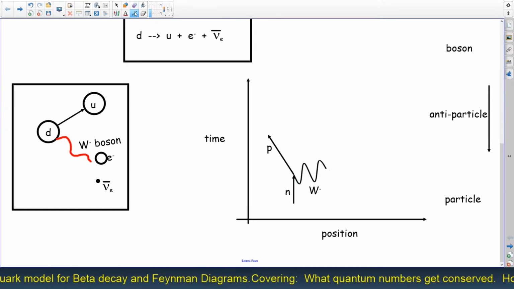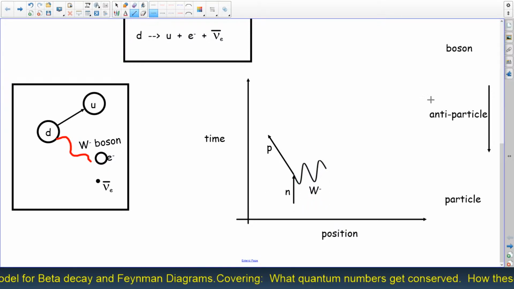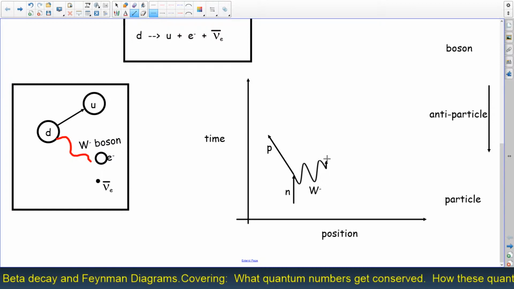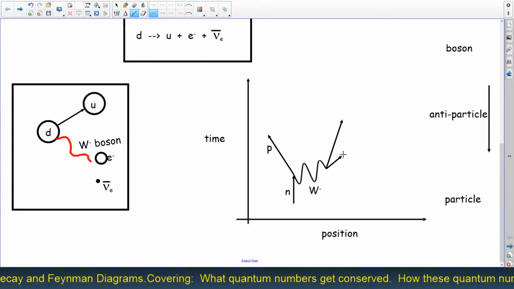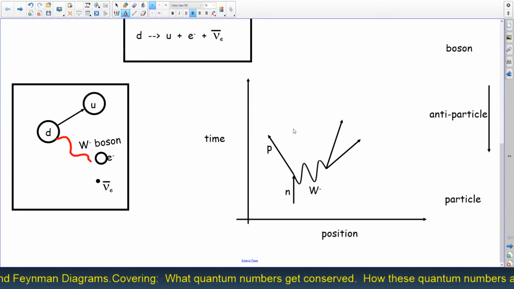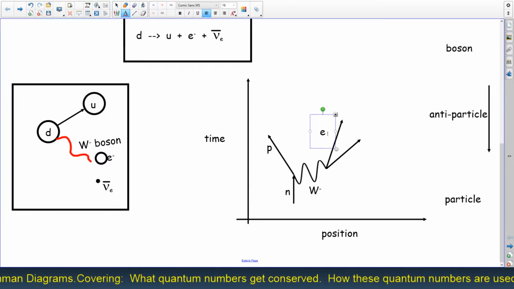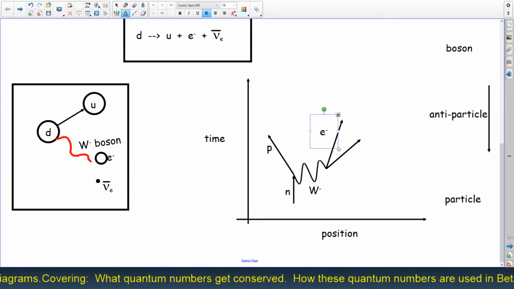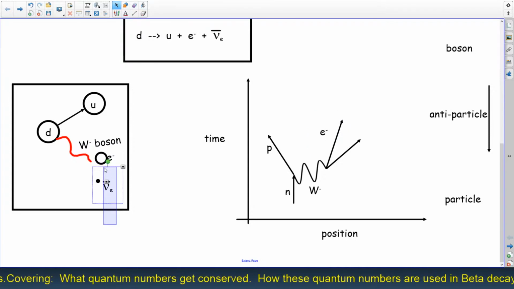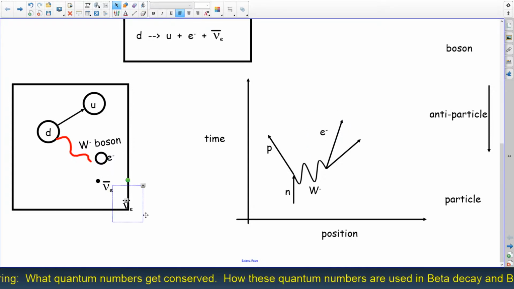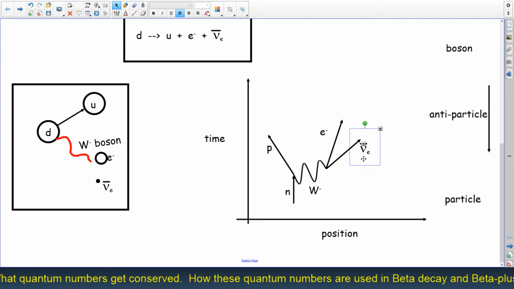And out of my W minus boson, I'm going to get two further particles. This is my electron and my electron anti-neutrino, which I've had the sense to draw over there.